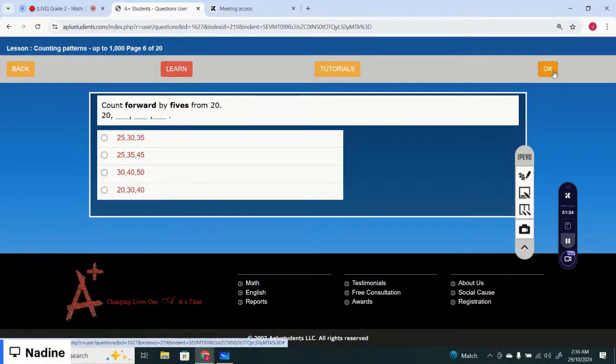Count forward by fives from 20, so which is the correct option? The correct option is 30, 40, and 50.